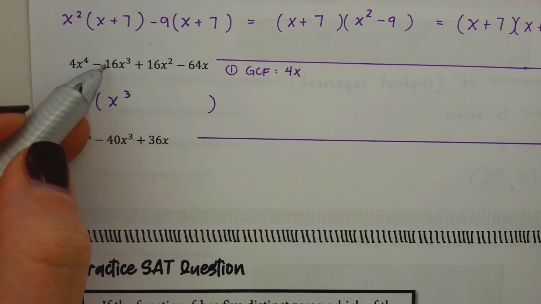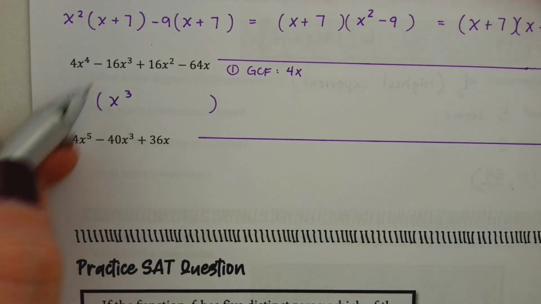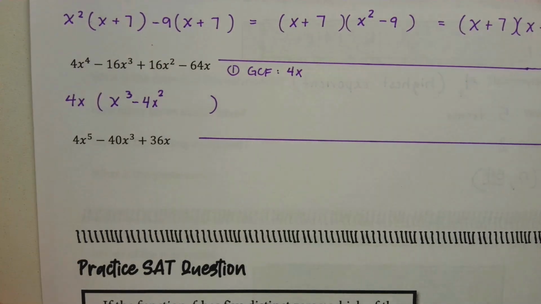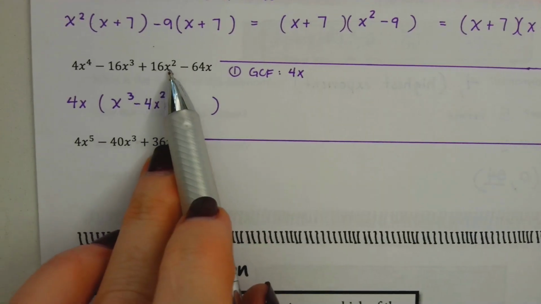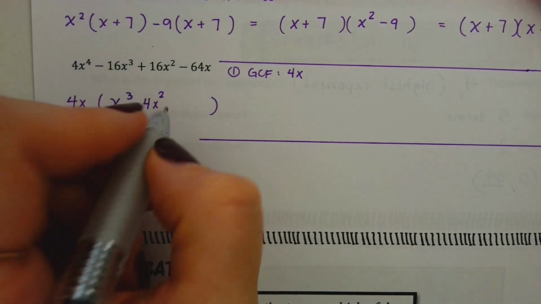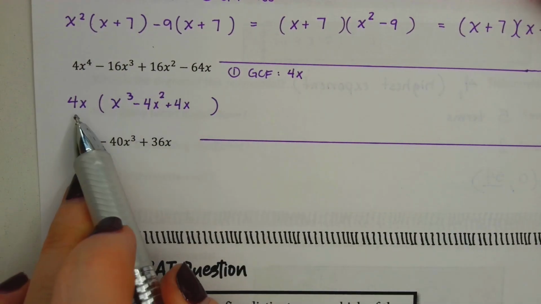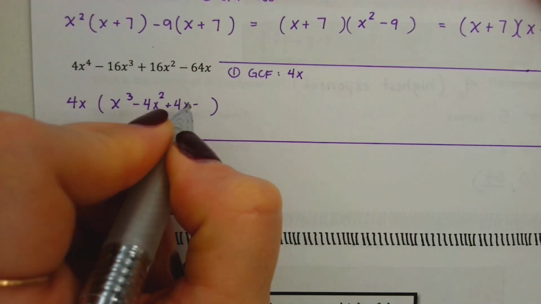Okay. Negative 16x cubed divided by 4x, negative 4x squared. 16x squared divided by 4x, 4x. Good. And then negative 64x divided by 4x is negative 16.